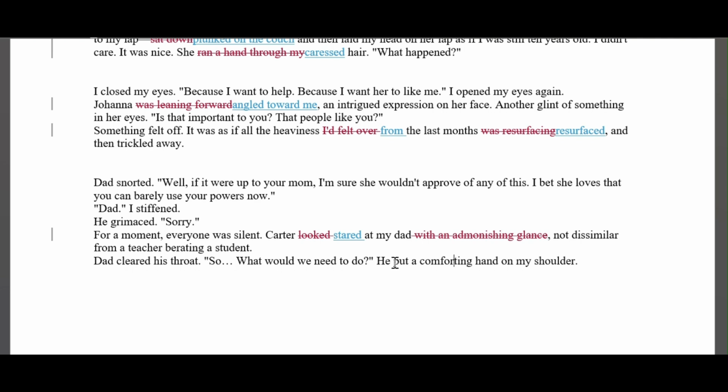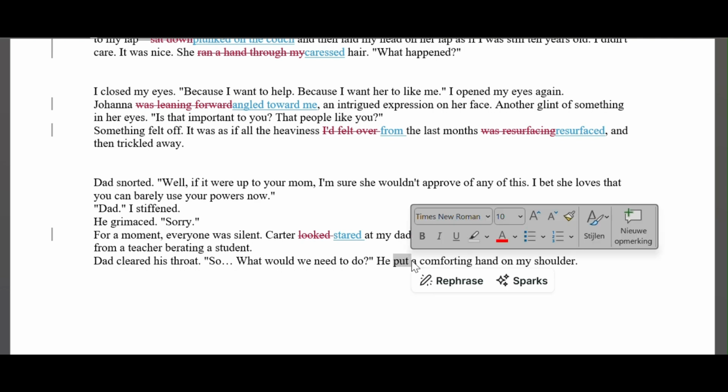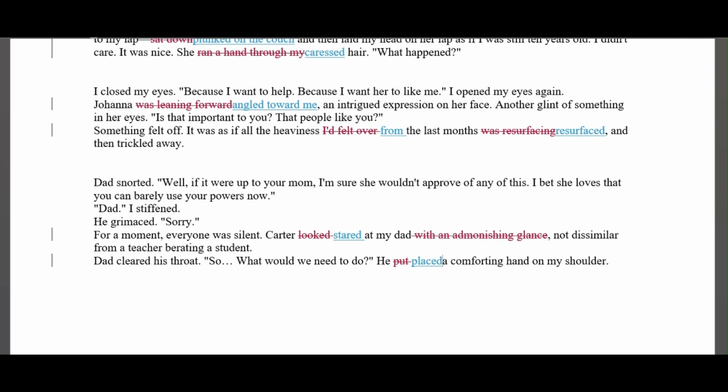But we might want to exchange the put for something a bit nicer. For instance, let's go with placed. This placing is a bit more gentle. Comforting hand, yeah, that's fine. All right.